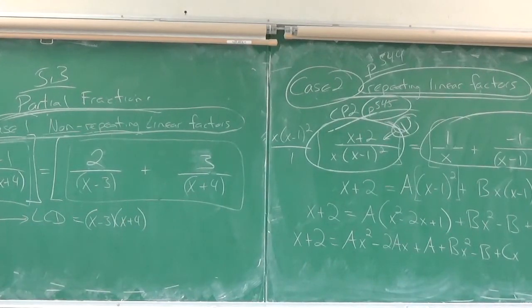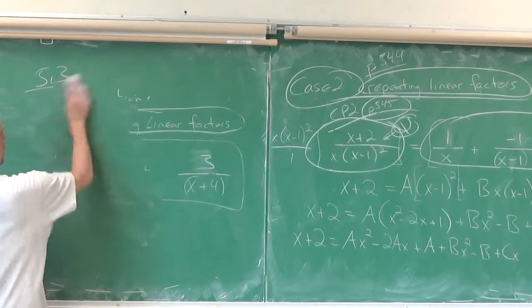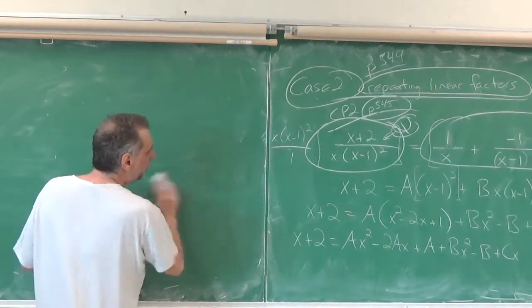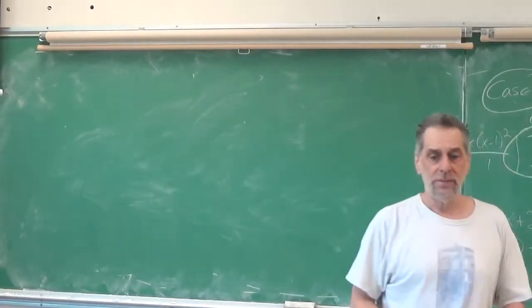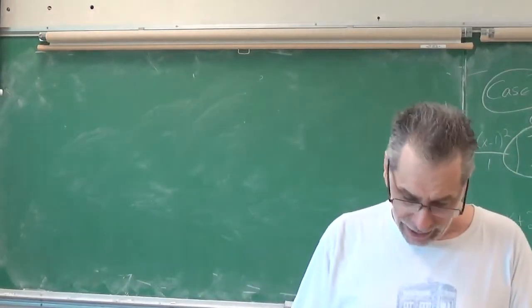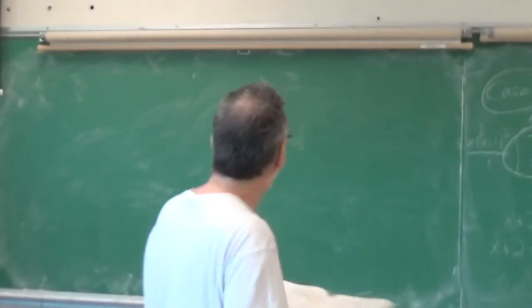Third case, we start looking at quadratics. Again, the process is the same for all of these. The only thing that changes is the form of the right-hand side of the equation. So third case, we're looking at non-repeating quadratics.